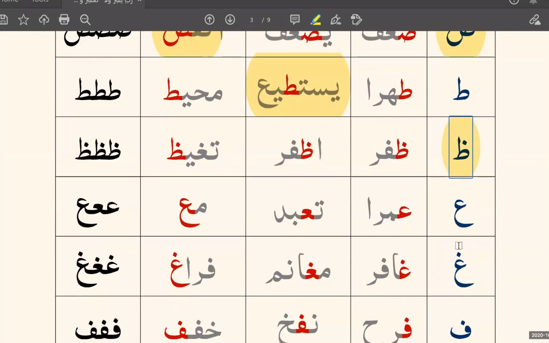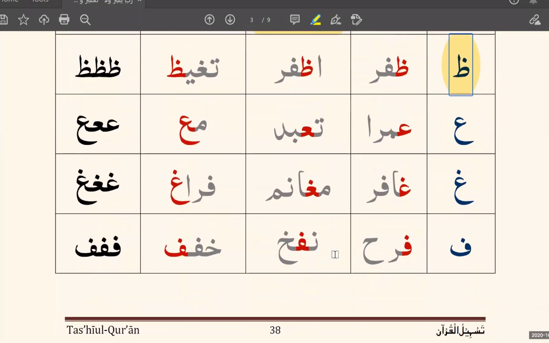Ain. Mim. Ra. Alif. Ta. Ain. Ba. Dal. Mim. Ain. Good. Next. Gain. Not G sound. It's a little different.